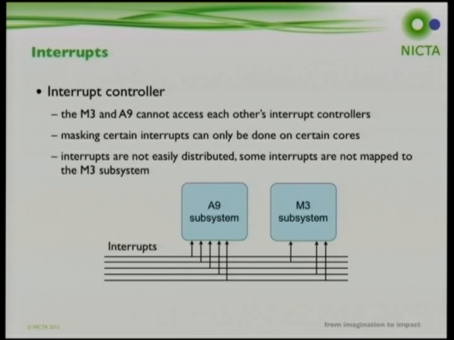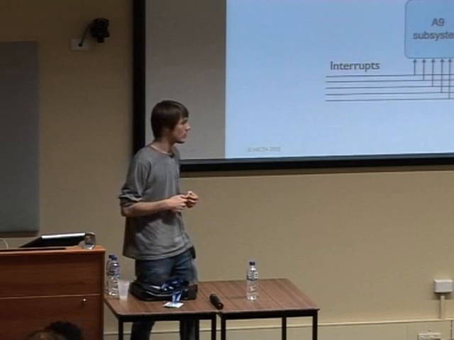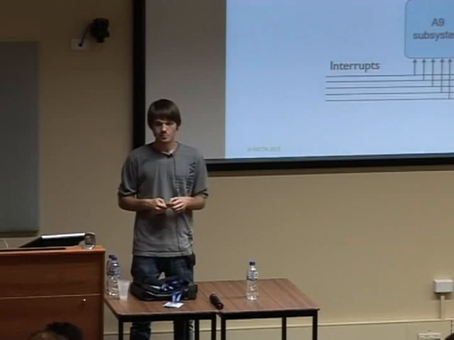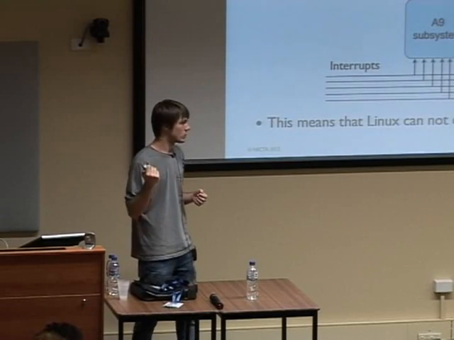It has to make a request to the A9 to unmask that interrupt. And also, not all the interrupts are mapped to the M3 subsystem. There are a whole bunch of interrupts, like the serial port, which aren't mapped to the M3 subsystem. This means that we can't run Linux completely on the M3 like we would have liked to, which is unfortunate.